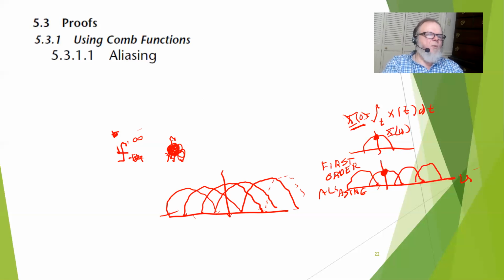So we're going to have this sort of thing. And you'll notice for second order aliasing, the DC value is totally eradicated. So we have no idea what's going on. But for first order aliasing, we can recover the original signal exactly. So that's kind of cute.